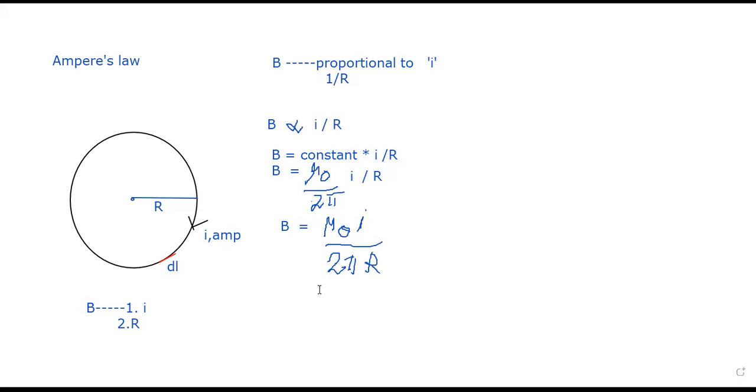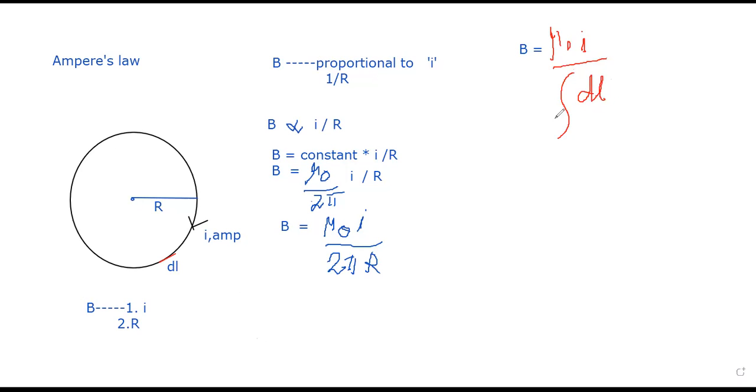So this 2 pi R value is written in terms of the integral of dl. So B equals mu naught I, where 2 pi R is replaced by the line integral of dl.